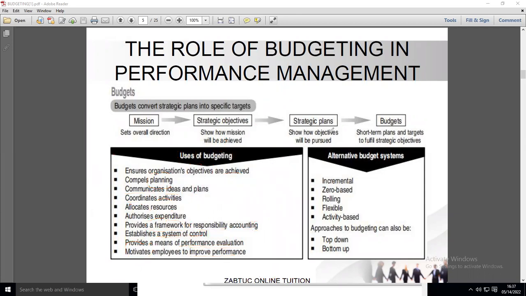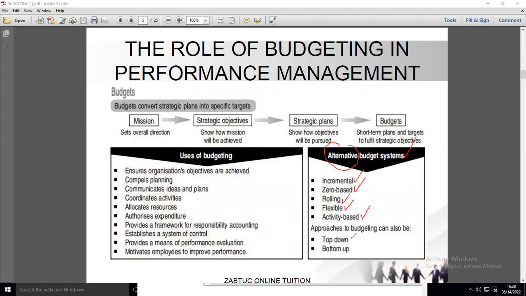Our syllabus specifically talks about the alternative budgeting systems. And these include incremental, zero-based budget, rolling budget, flex budget, activity-based budget.